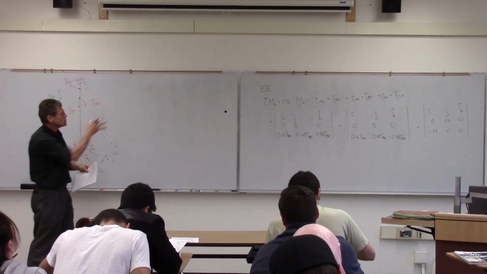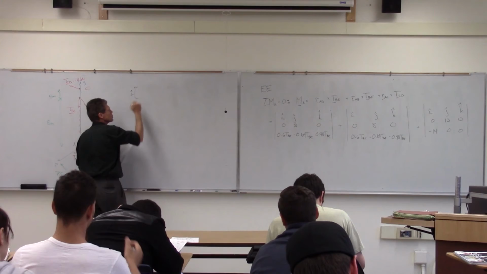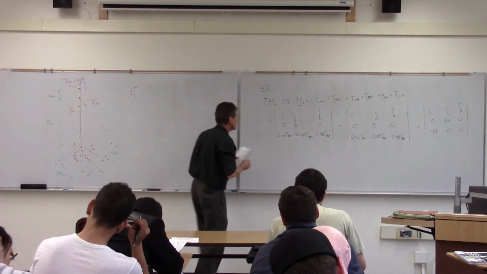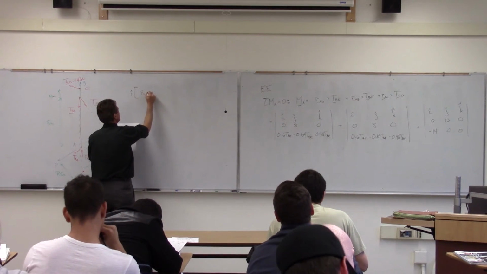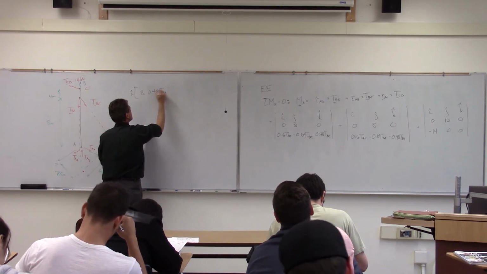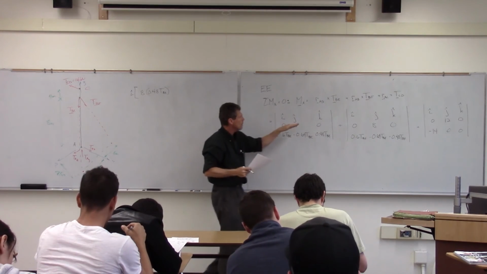And then what we want to do is simply put our components together. So we'll look at everything that's going on in the x direction. We've got an 8 and a 0.48 in our positive sense, so we've got an 8 times 0.48 TBE. And then nothing going in that direction.